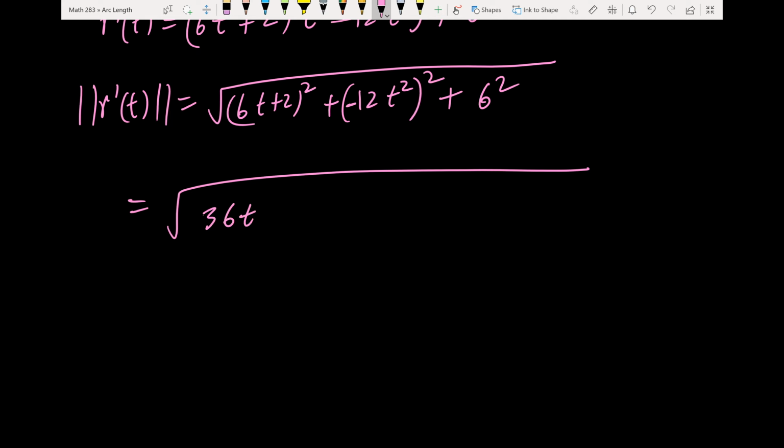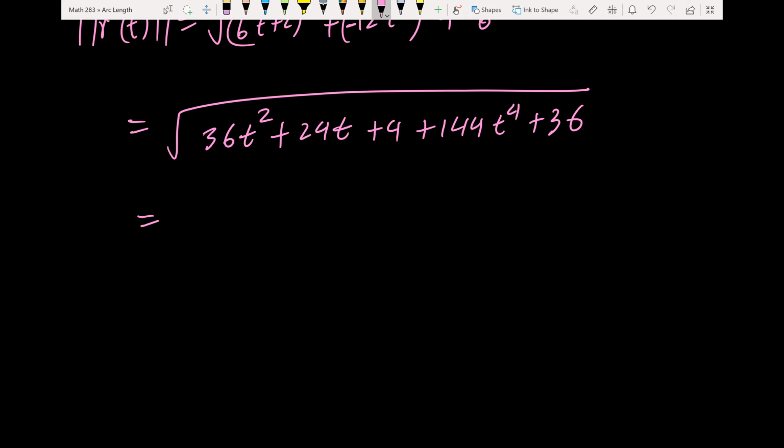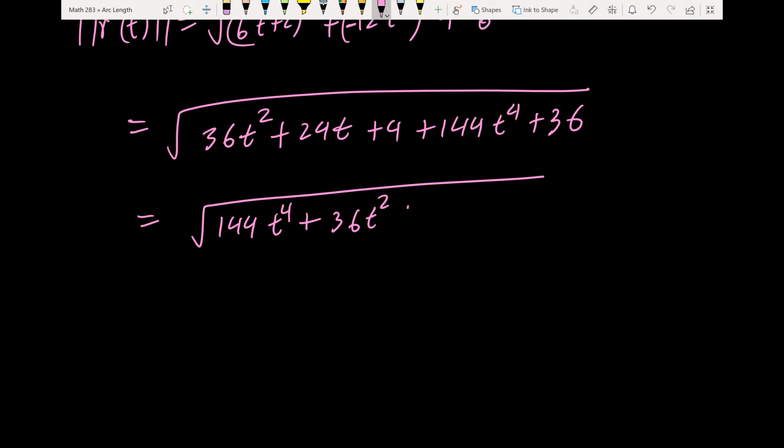That's 36t squared plus 24t plus 4. Right, guys? Why was that hard? Now you gotta simplify it by taking it out of the square root somehow. Yeah, but you don't need to simplify anything else. It's just combine the like terms and whatever comes out, comes out. And if you combine the like terms, 144t to the 4th, there's... right?